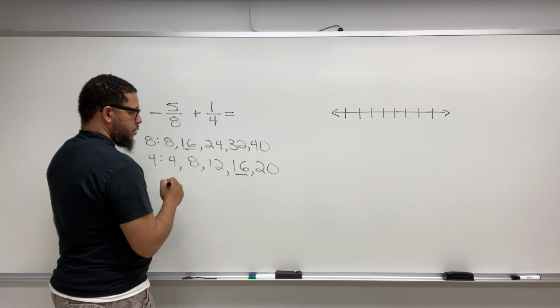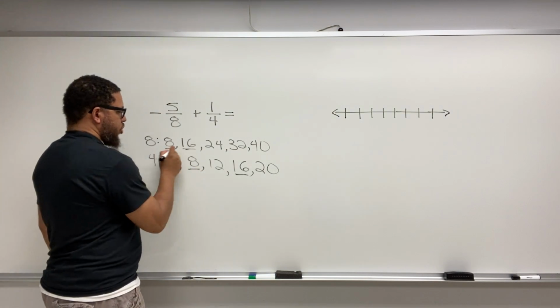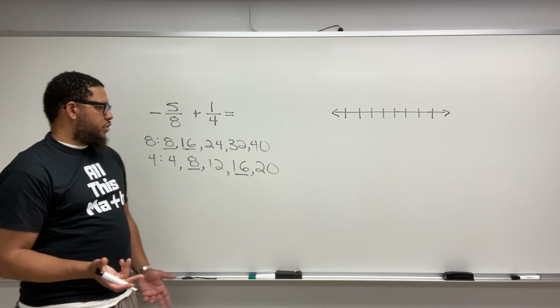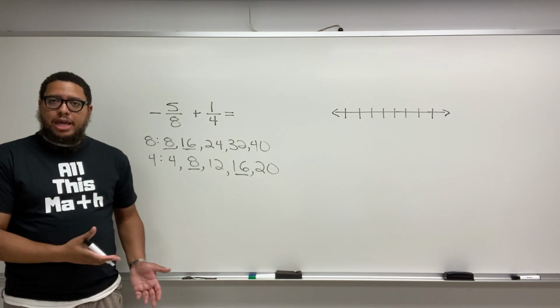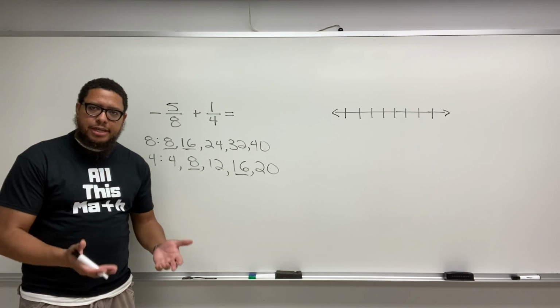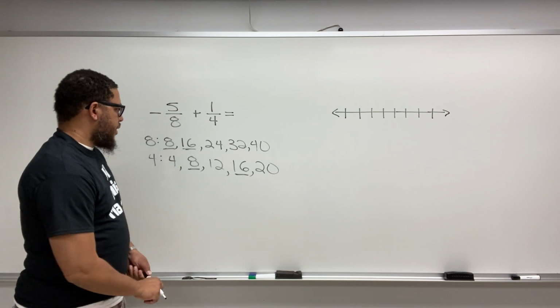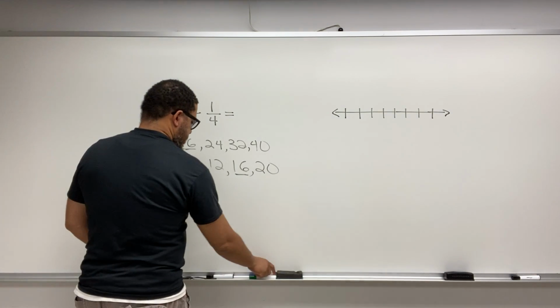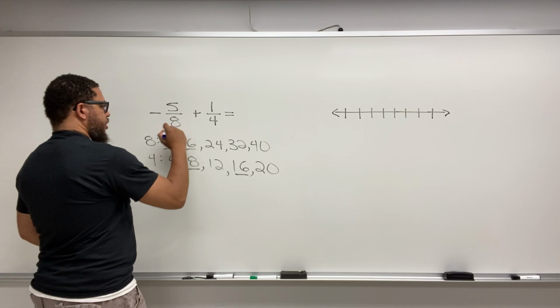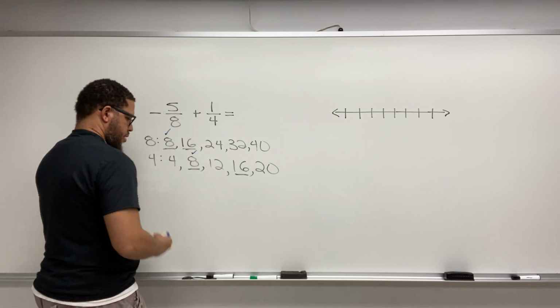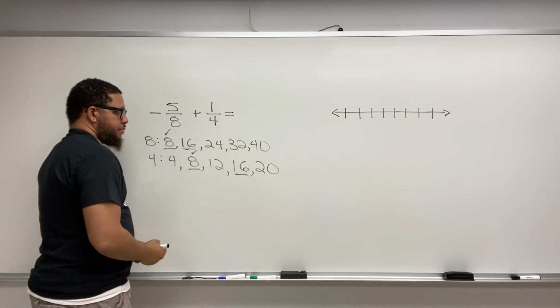But also, 8 is in this list and 8 is also in that list. So the question is, which number is smaller, 8 or 16? 8 is the smaller number. So 8 is your LCD.